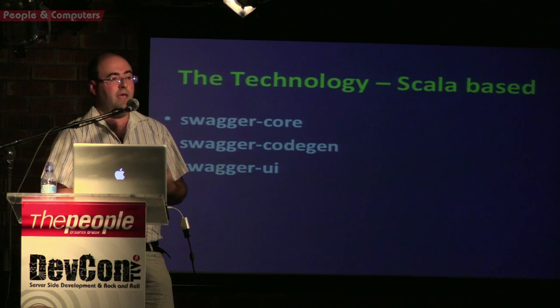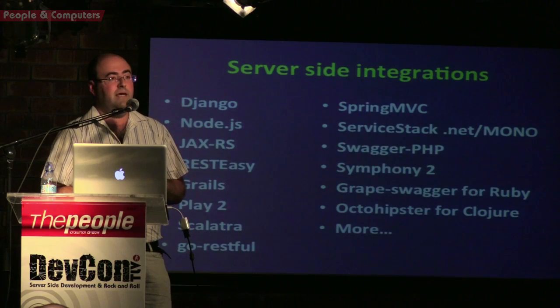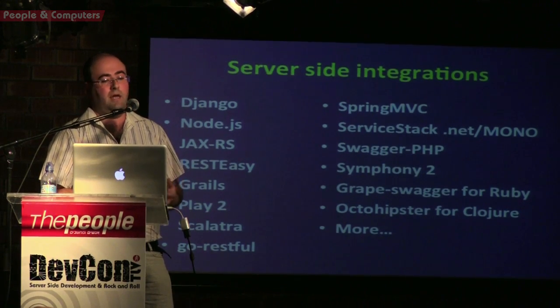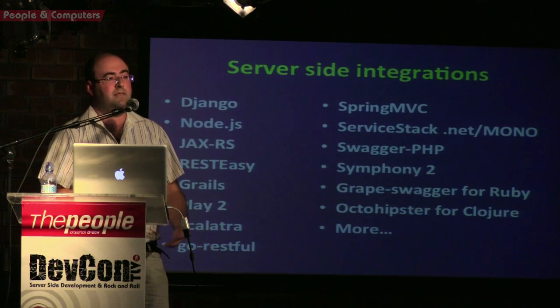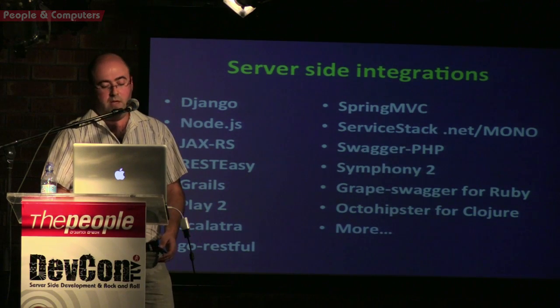And the Swagger UI is the default built-in UI that we just saw. From the server-side perspective, Swagger comes with a bunch of server-side integrations. Many frameworks are already capable of running Swagger. It's Python, Django, Node.js, many JVM-based frameworks, JAX-RS, Grails, Scala, and many more.